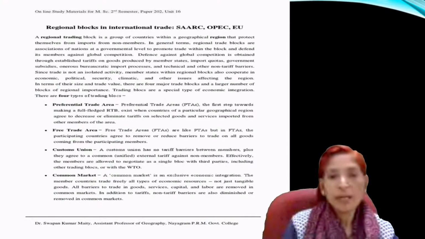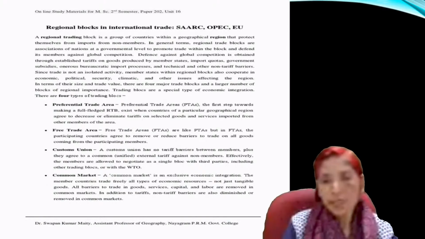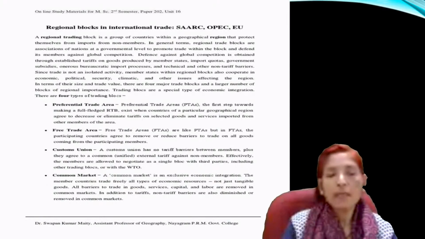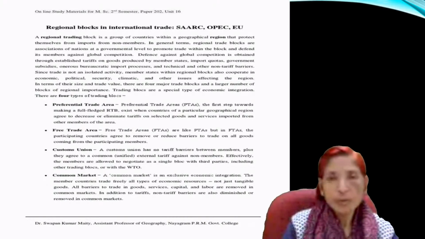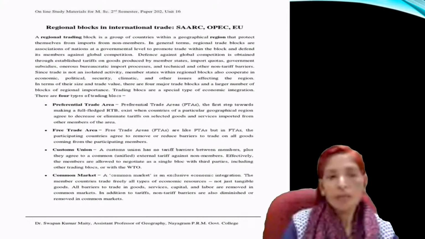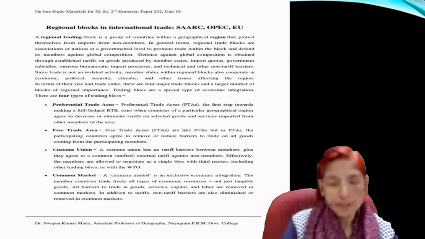And you know that free trade area is just like PTA, but in FTA, the participating countries agree to remove all the barriers or restrictions to trade all types of goods and services among the member or participating countries.